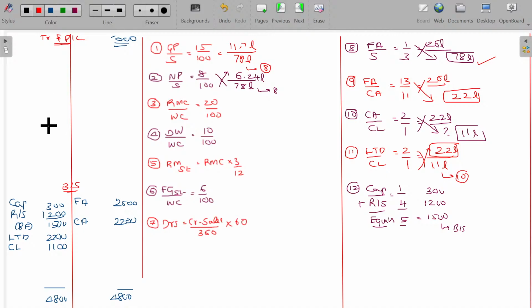Now I can prepare the trading and P&L account. Here the net profit being 624,000, GP being 11 lakhs 70,000 rupees.